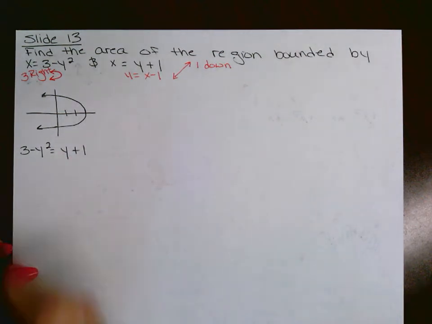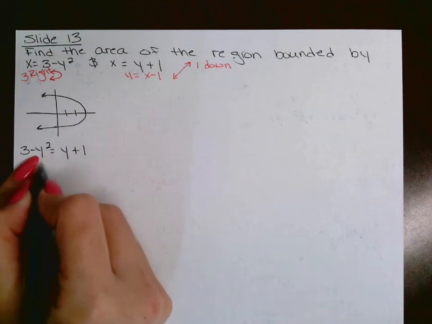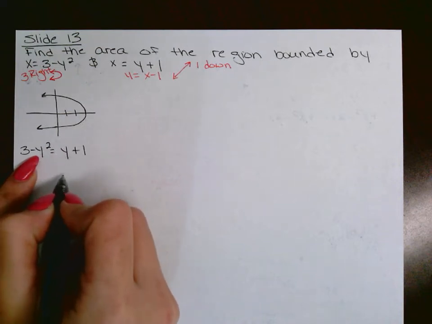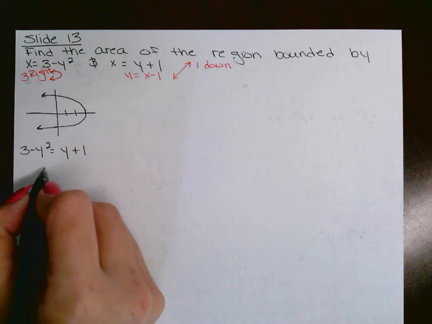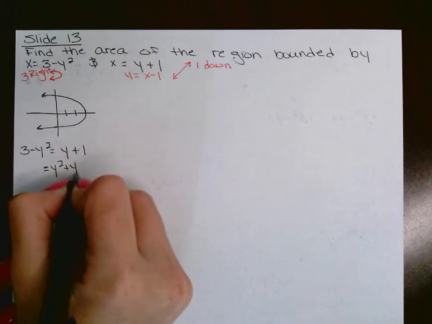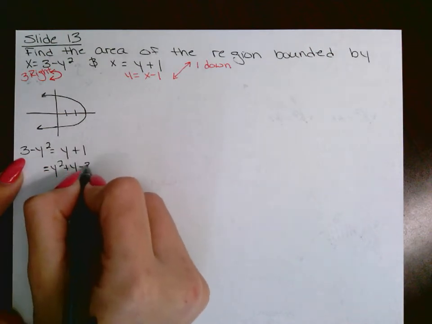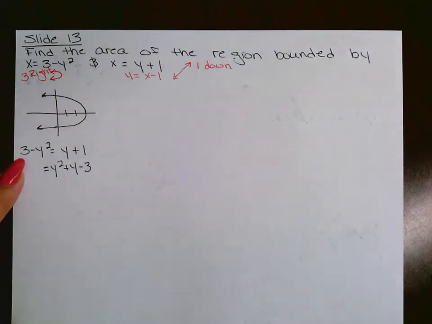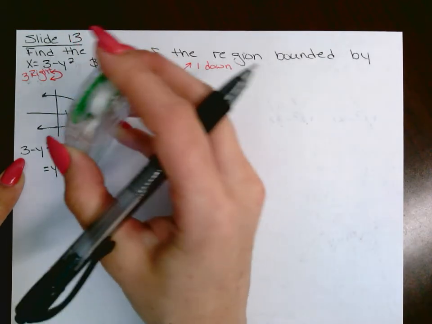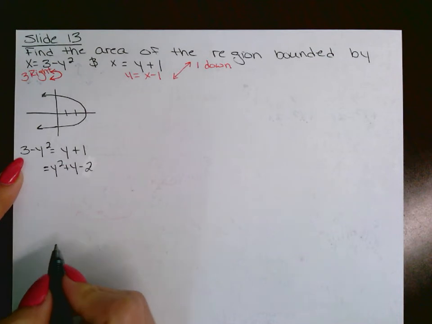Move everything to one side. Because this y squared is negative, I personally like moving it to the side that makes it positive. So I'm going to move this to the right. So I'm going to say positive y squared plus y, and then subtract this 3 over. 1 minus 3, whoops, is negative 2. Okay?